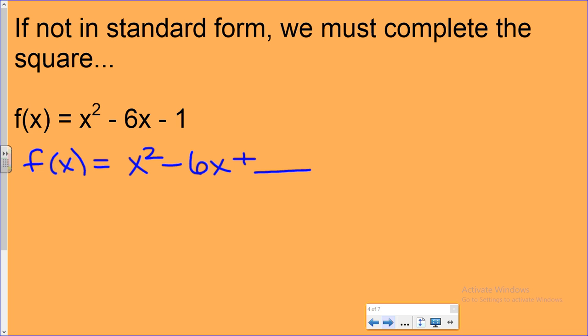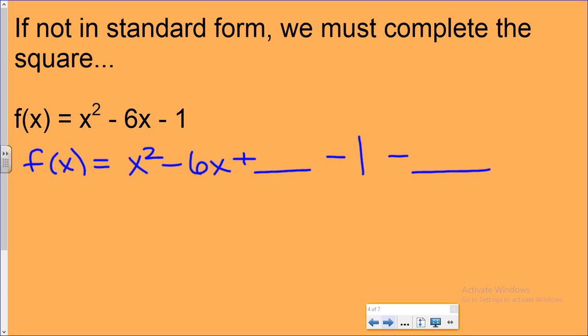Now, since we are not solving an equation, we're rewriting basically an expression. We're going to go with what Eli said, and we are going to add and subtract the number to the same side.